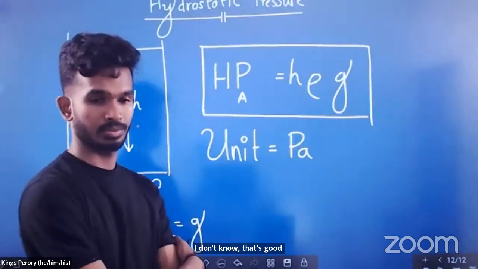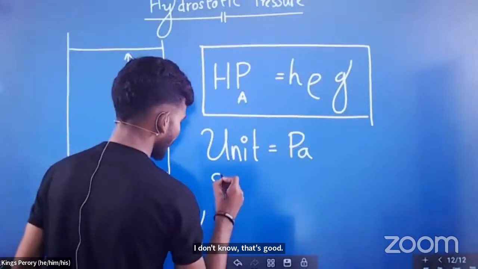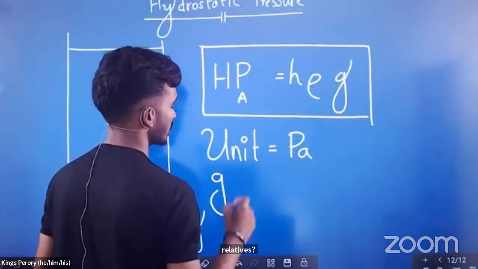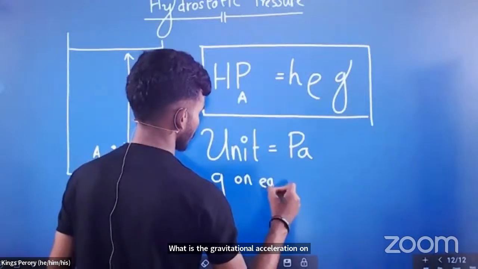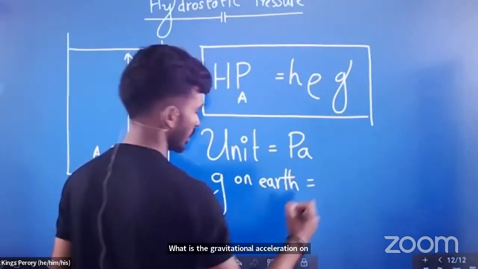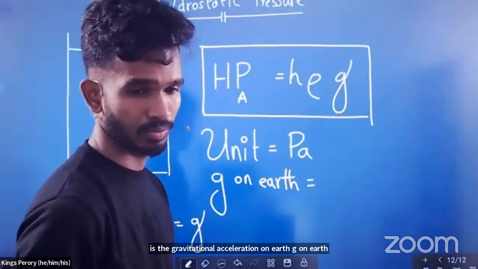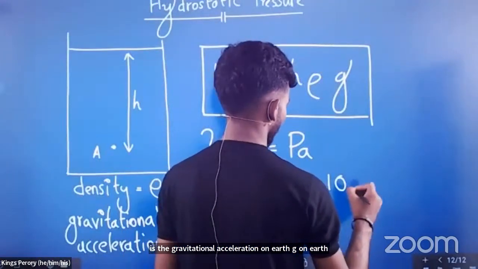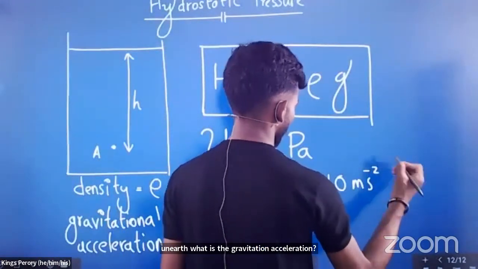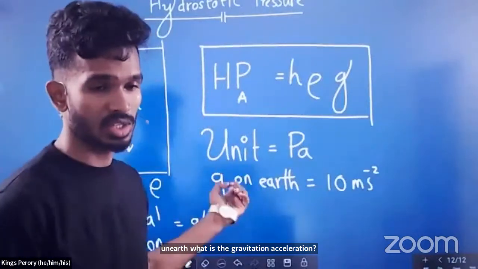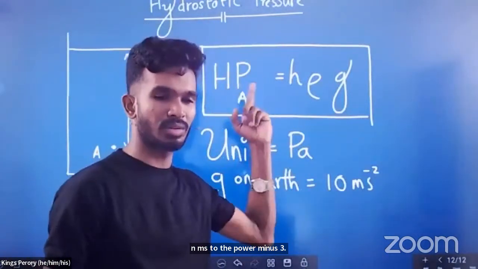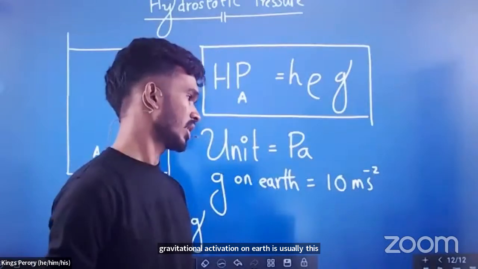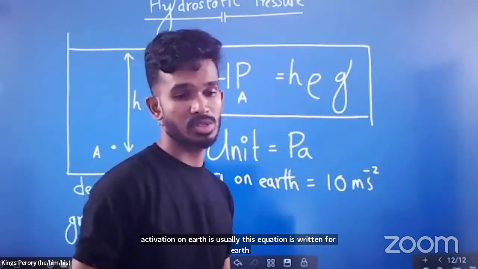What is the gravitational acceleration on Earth? On Earth, what is the gravitational acceleration? 10 m/s squared. This equation is written for Earth. The gravitational acceleration on Earth is 10 m/s squared.